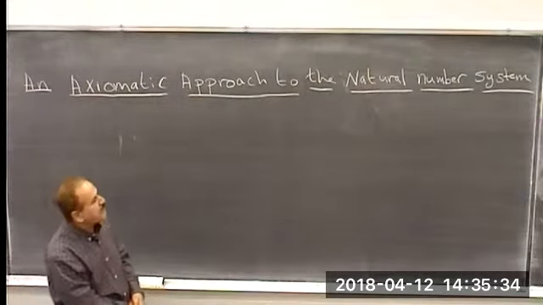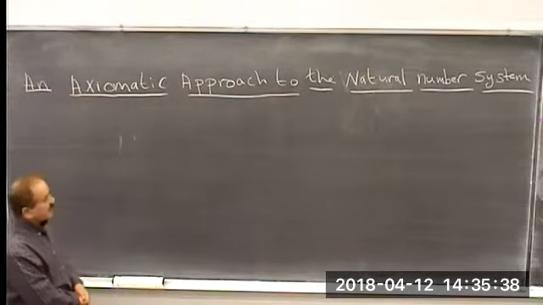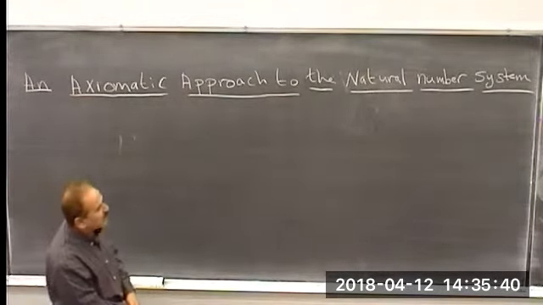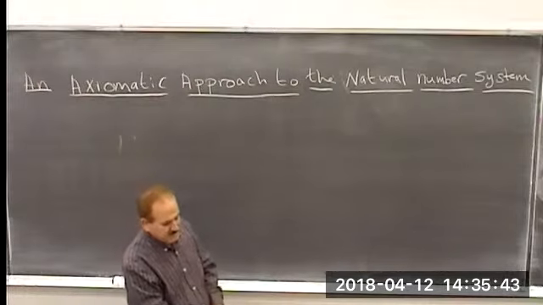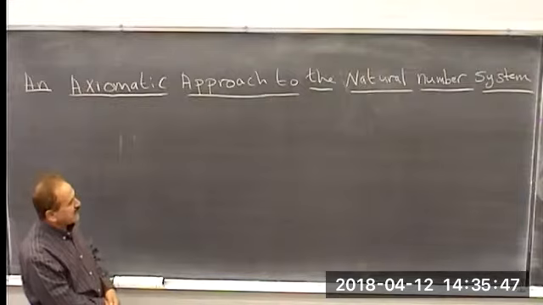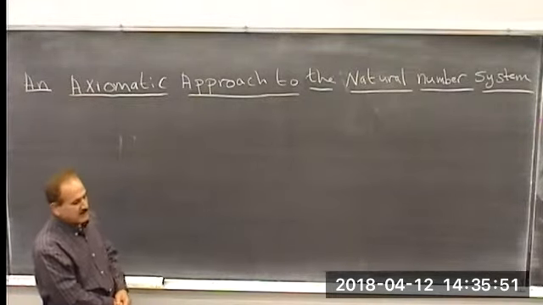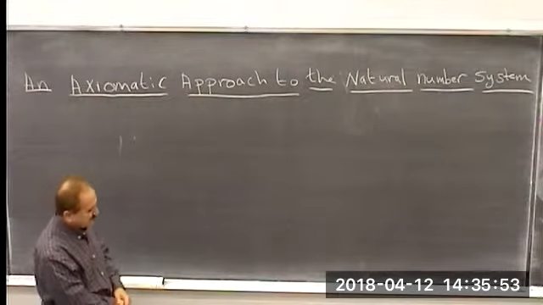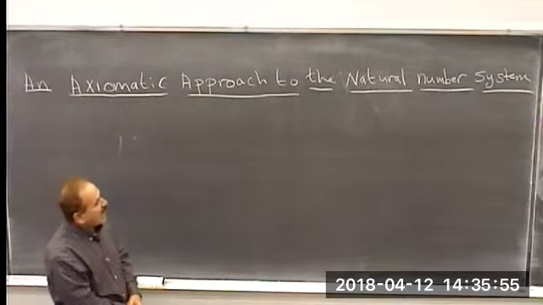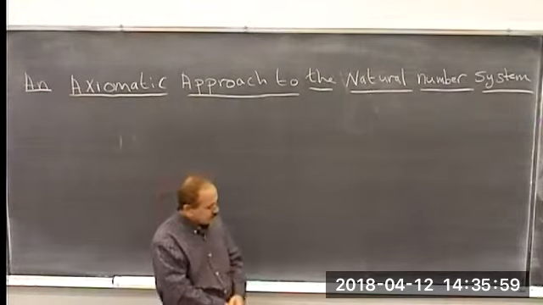Similarly, if you've taken a course in abstract algebra, most of the algebraic structures that are defined, such as groups or rings or fields, are in fact introduced axiomatically. So that's what we're going to do for the natural number system.